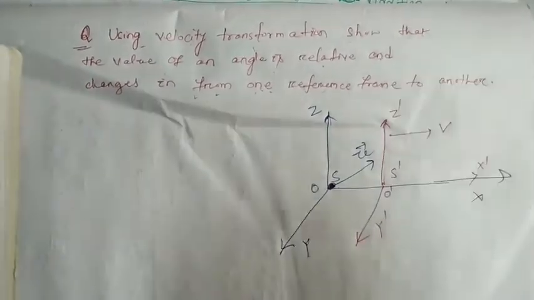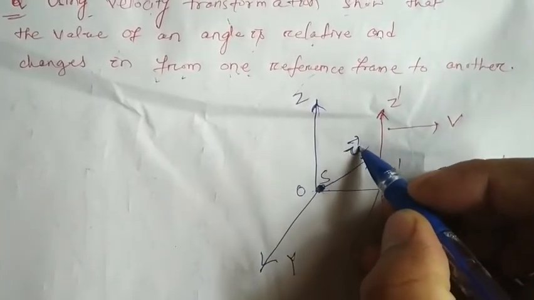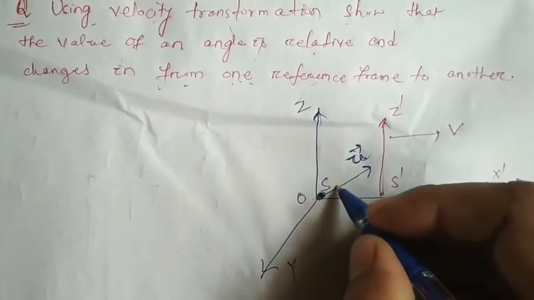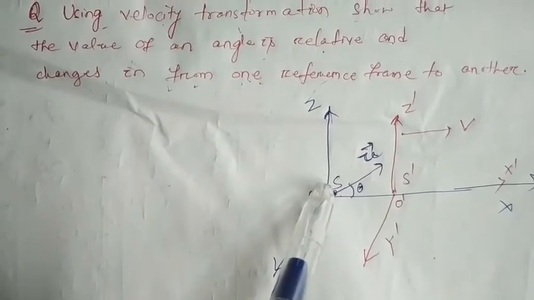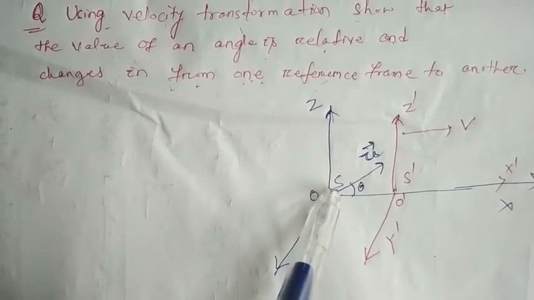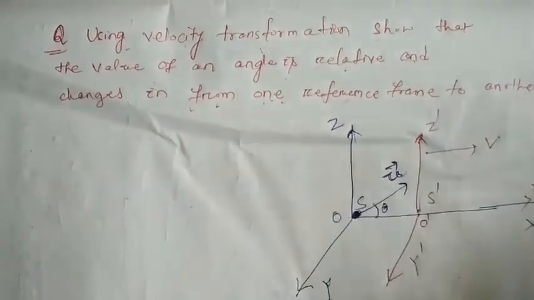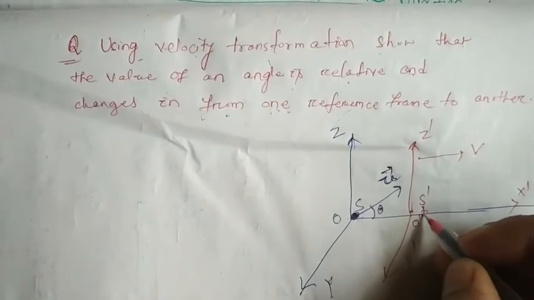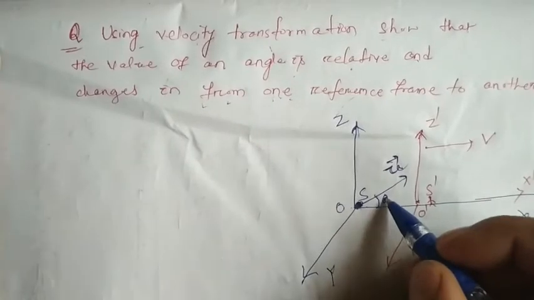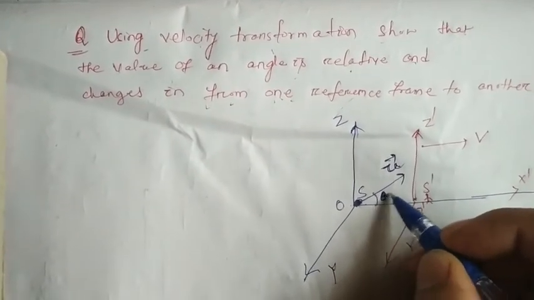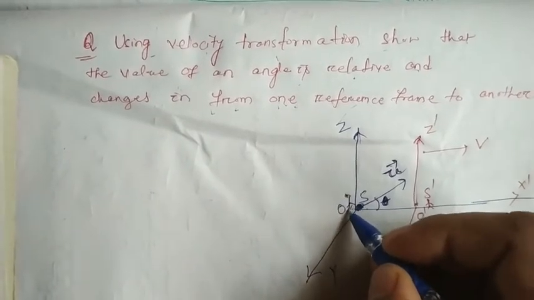This particle is moving with velocity u, making an angle theta in your S frame. Then what will be the angle measured by the observer who is sitting in S dash frame? Will the angle be the same theta, or will it change? This is the theta which is measured by the observer sitting in S frame.